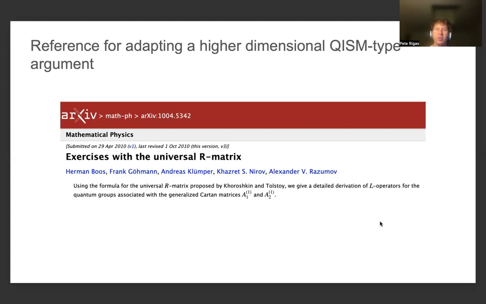So this is just demonstrating that there's a richer algebraic structure when we increase the dimensionality of the six-vertex model by one, to three dimensions.